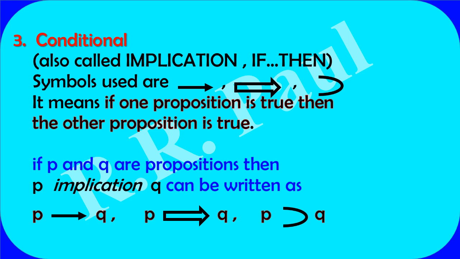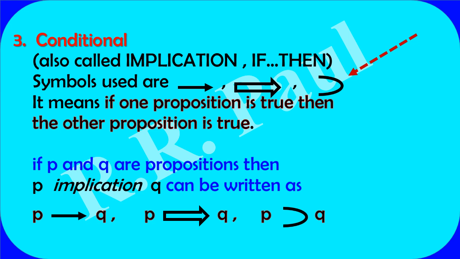The next one is conditional connective, which is also termed as implication or if then. And the three symbols which are used as conditional operator are arrows running from left to right, and the symbol as you see here, it is a superset symbol as used in mathematics.